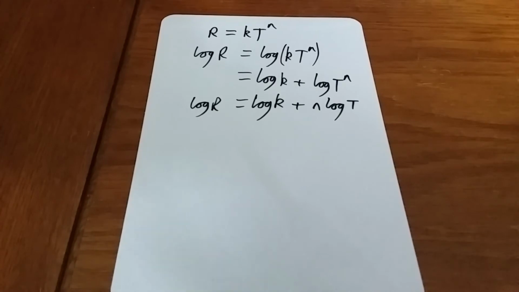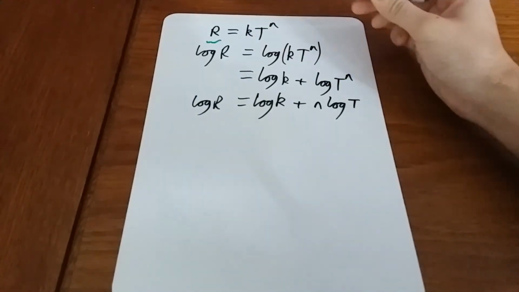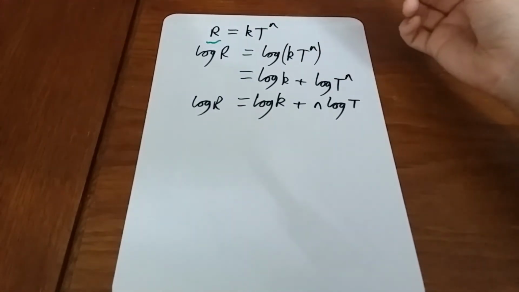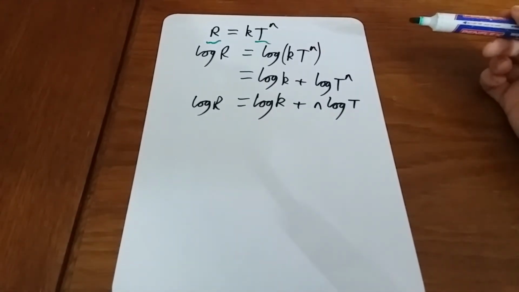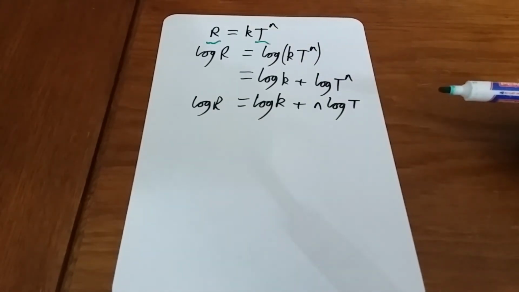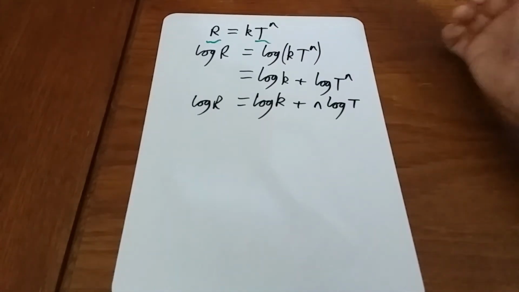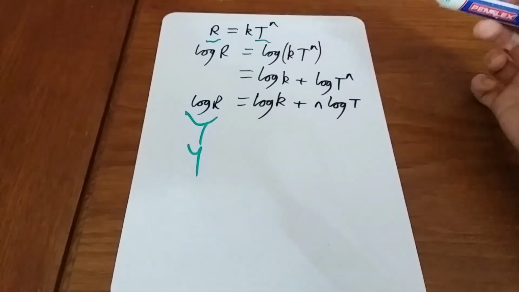Now, we have to be careful here about what's a variable and what's a constant. Remember, the variables are the things that are in the table. So our variables here, we've got r, which is the radius, and we've got t, which is the period. So following it through, the variables, those are like the equivalent of y and x. So that bit in there is the equivalent of the y.